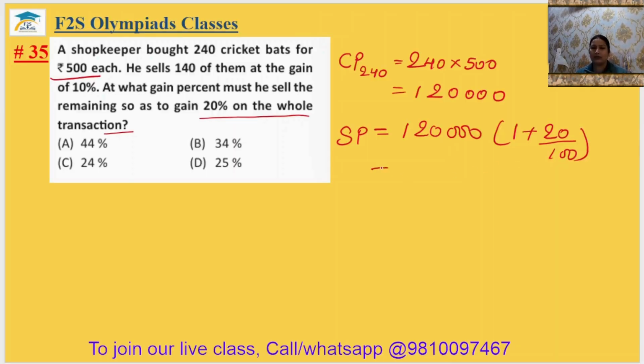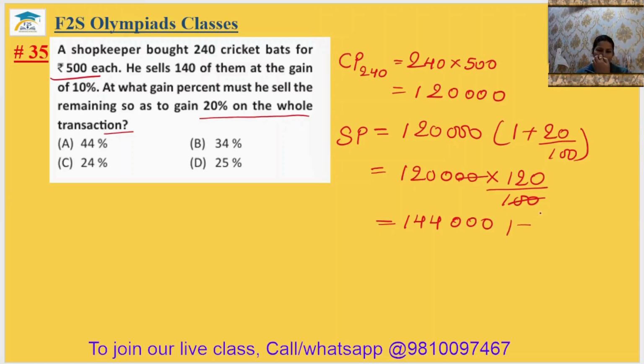After simplifying it, 120,000 multiplied by 120 upon 100, so 0 cancels, 12 12s are 144 and 000. The selling price will be 1,44,000.